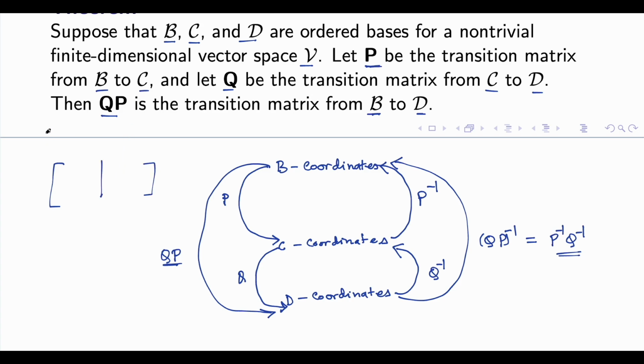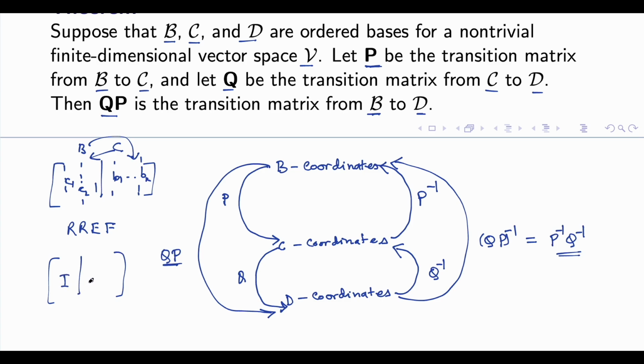Suppose P is the transition matrix from B to C. So you have to write the columns with respect to C1, C2, and so on, and then B1 and so on, up to Bk, whatever the dimension may be. Then, for B to C, write the C column vectors and then the B column vectors on the right-hand side, apply RREF, and you will have a matrix like this.